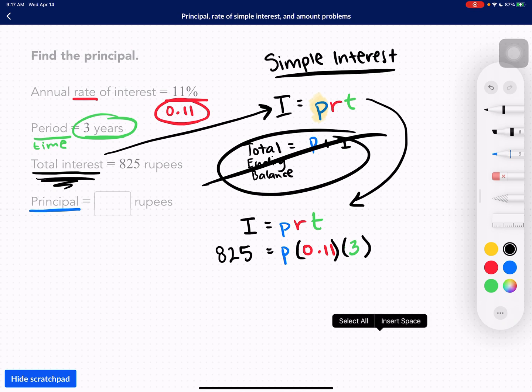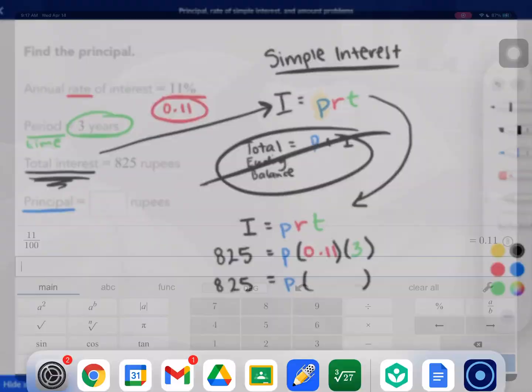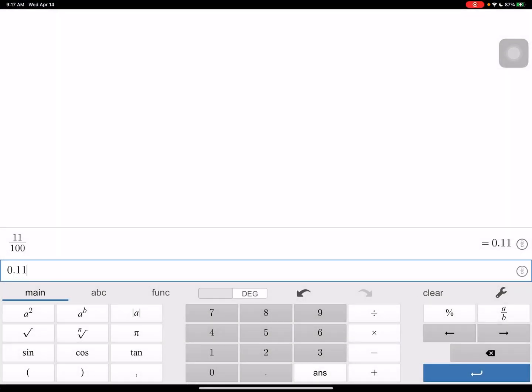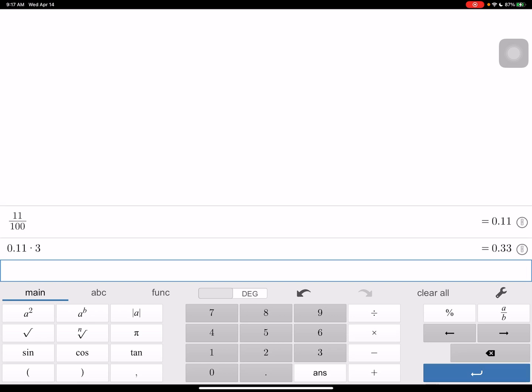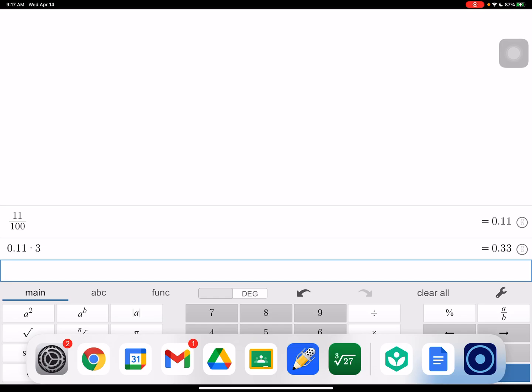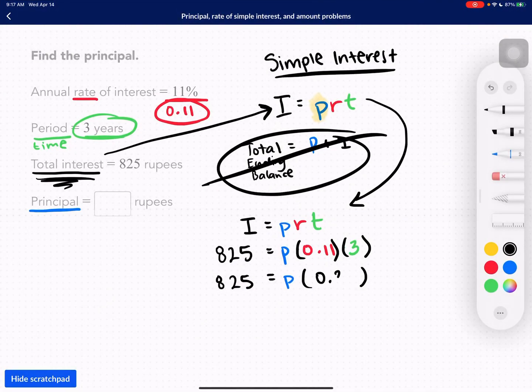So I want to first multiply those two together. So I have 825 equals P times, we need to do 0.11 times 3. And we get 0.33. So now I have to solve for P, which means I need to undo that multiplication that's happening between P and 0.33.